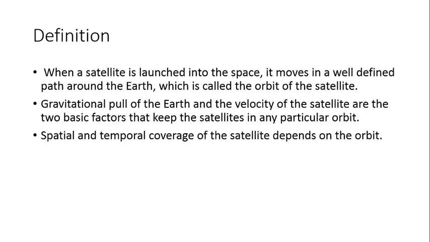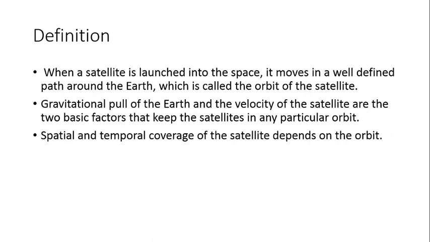When a satellite is launched into space, it moves in a well-defined path around the Earth. This particular path is called the orbit of the satellite. The gravitational pull of Earth and the velocity of the satellite are two basic factors that keep the satellite in any particular orbit. The spatial and temporal coverage of a satellite also depends on its orbit.